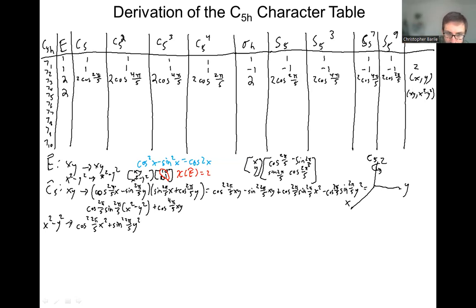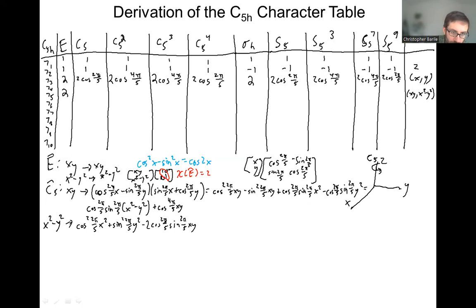And then we're going to have 2 of these identical terms. So we're going to put minus 2 cosine 2 pi over 5 sine 2 pi over 5 xy. And then we have to minus a y squared component. And so we have to square this. That's how y transforms. So we have to square it. I'm going to FOIL it out.